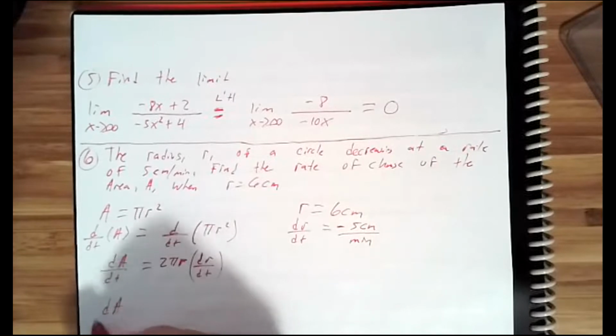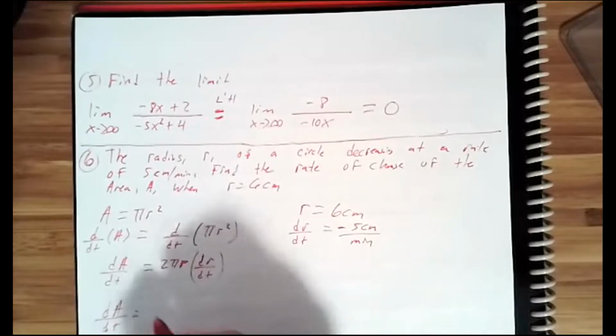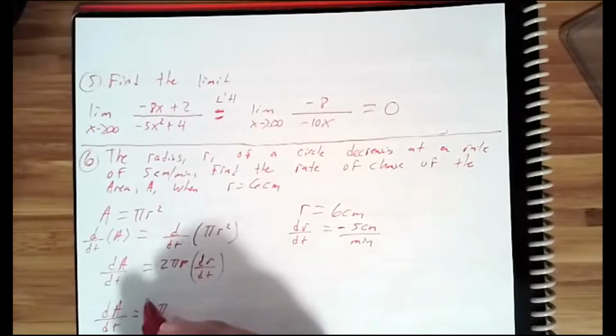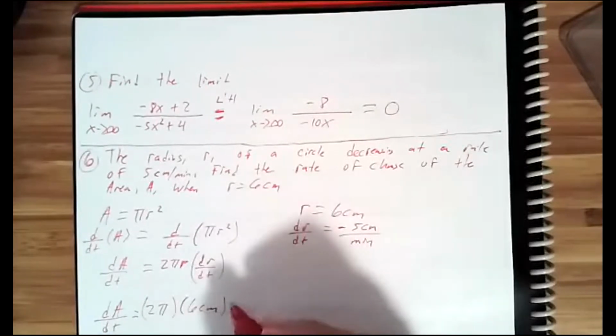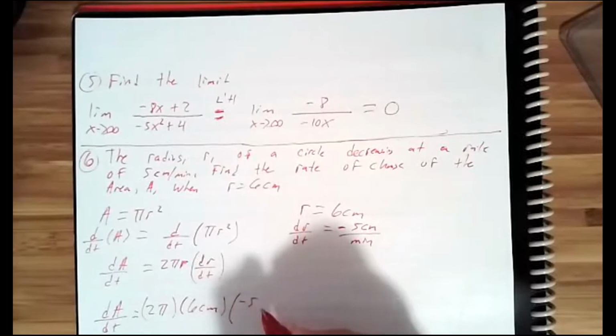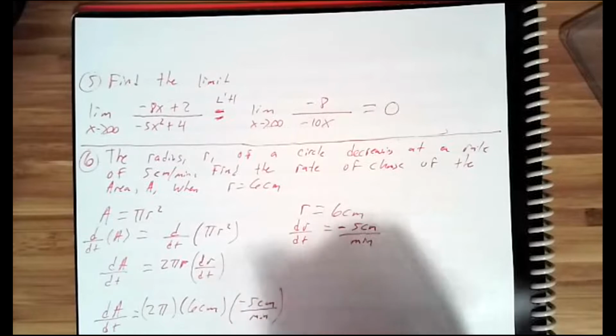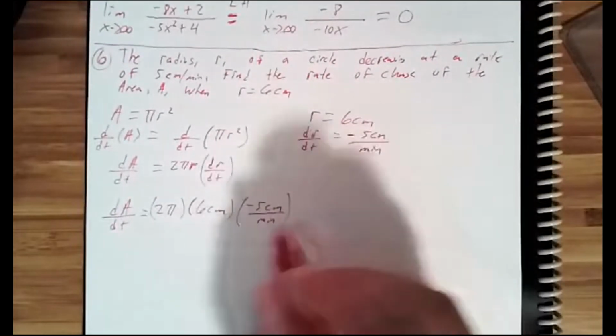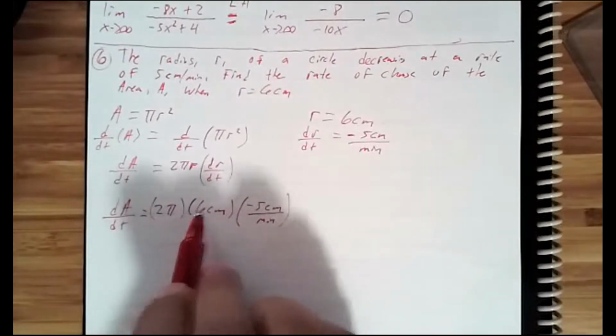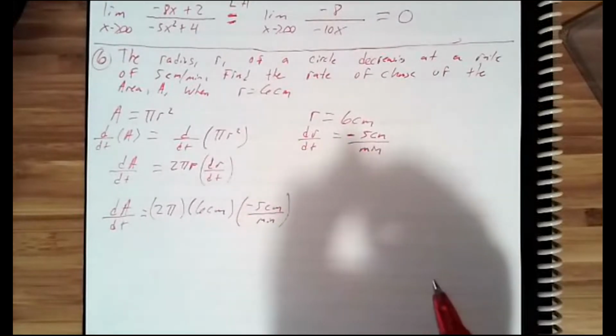So dA dt would be 2 pi times 6 centimeters times negative 5 centimeters per minute. So 2 times 6 times 5, that's going to be what, 60?